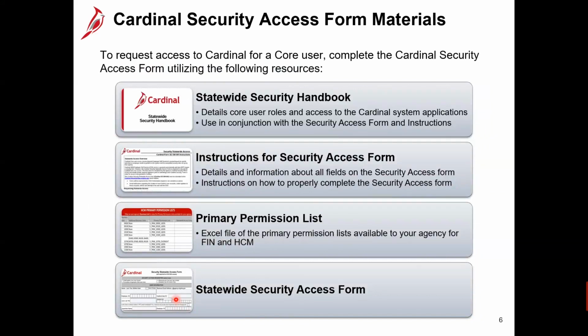The materials on this portion include the security handbook, instructions for filling out the form, a listing of all primary permission lists for both finance and HCM, as well as the current statewide security access form.